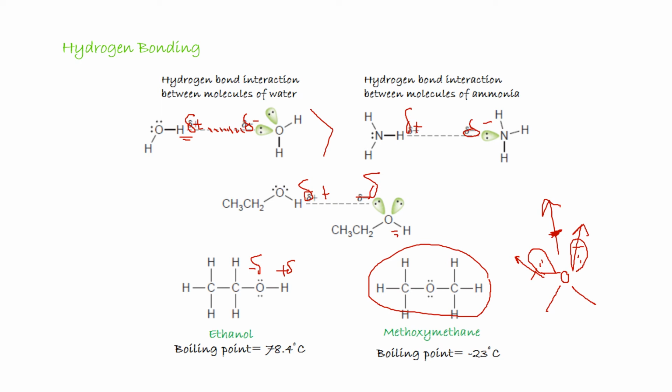So this is polar, but it does not contain an OH bond, right? So there is no hydrogen bonding. That's why you will find the boiling point of ethanol is 78, while the boiling point of methoxymethane is minus 23 degrees Celsius.